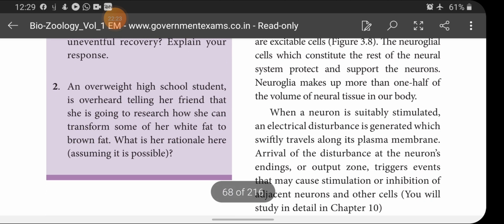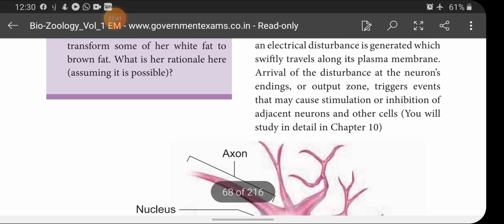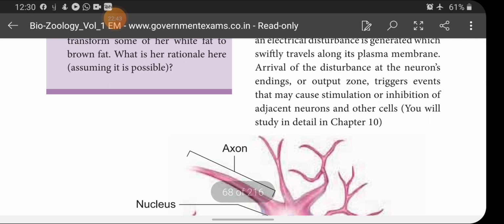When a neuron is suitably stimulated, an electrical disturbance is generated which swiftly travels along its plasma membrane. Arrival of the disturbance at the neuron's endings or output zone triggers events that may cause stimulation or inhibition of adjacent neurons and other cells. About this also we will see in detail in chapter 10.